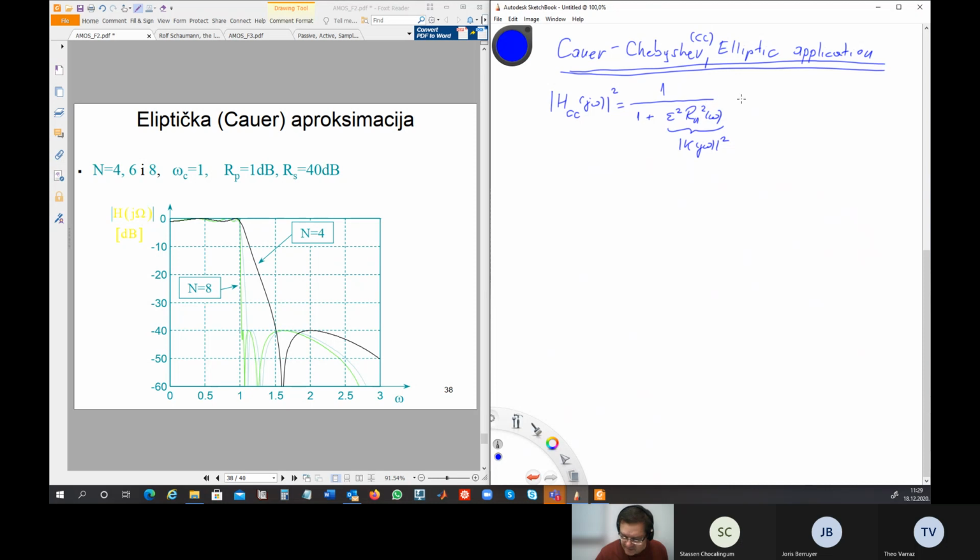Here is something new, Rn, which is called a rational function.